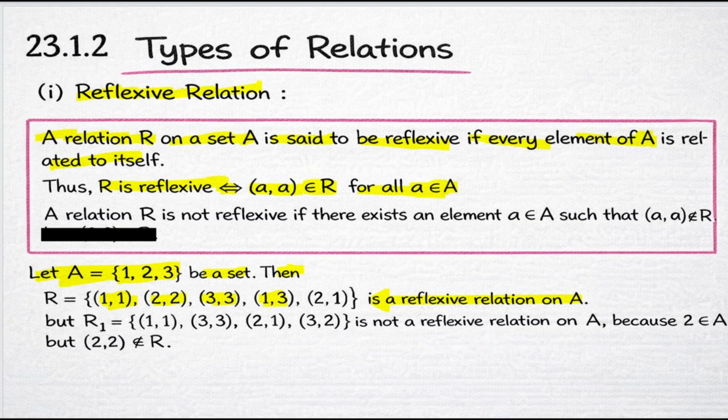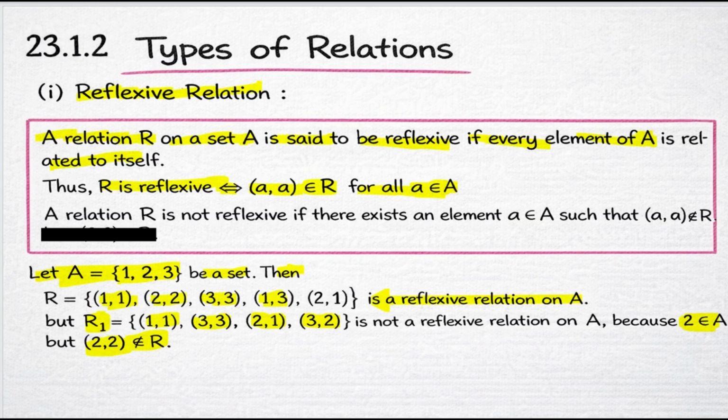Look at the example R1. It contains the ordered pairs (1,1), (3,3), (2,1), (3,2). In this, the ordered pair (2,2) is not there. That is, 2 is contained in the set A, but the ordered pair (2,2) is not in the relation.